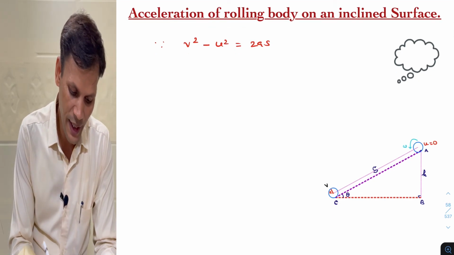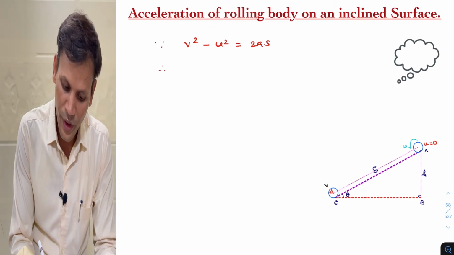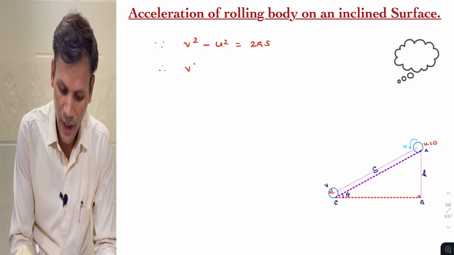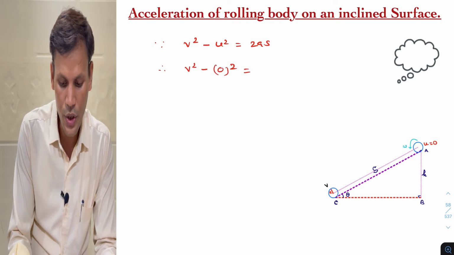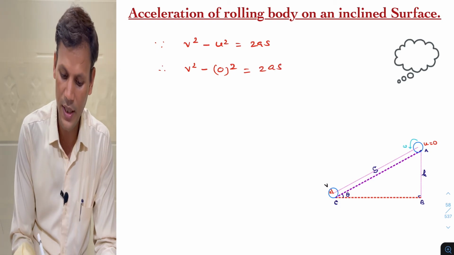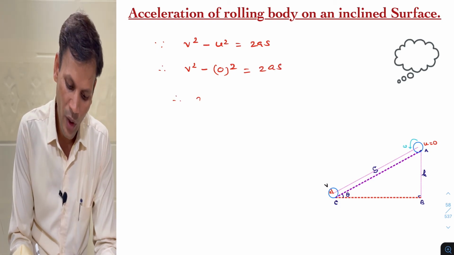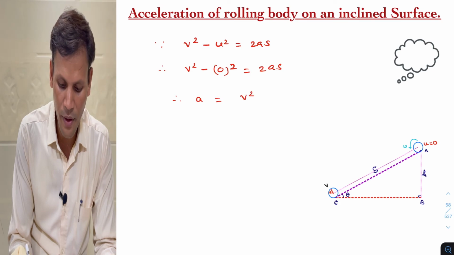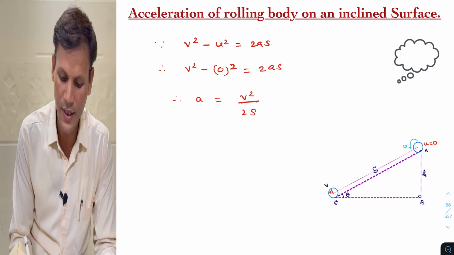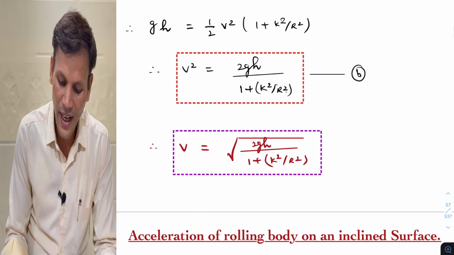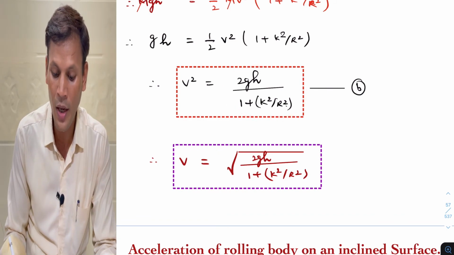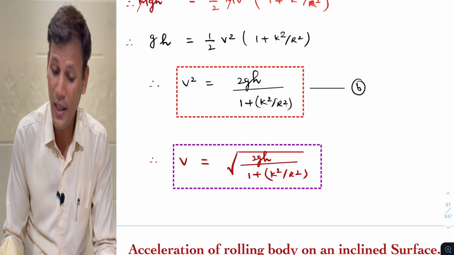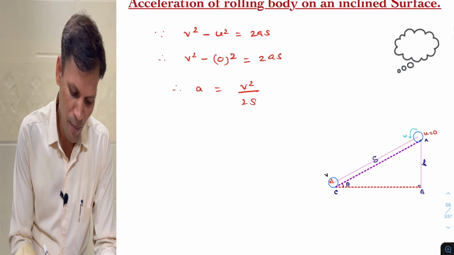So we can say, therefore, v square minus u square, with u being 0, is equal to 2as. So definitely, what will be the acceleration? It will be v square by 2s, and already we have the formula for v square. It is 2gh upon 1 plus k square by r square. So we can apply that one.